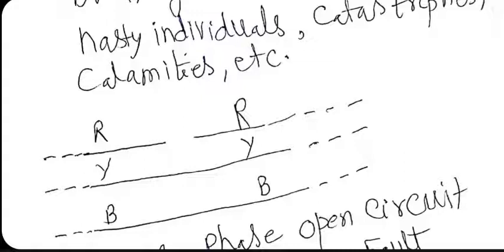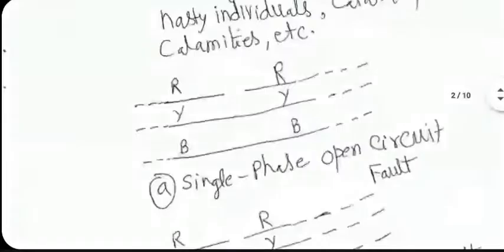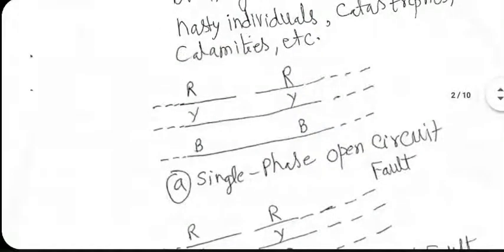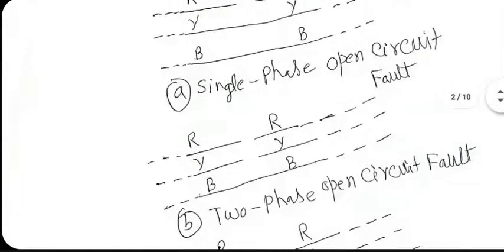It's an unsymmetric fault because not all the wires are affected. Single phase, because only one phase has been affected. This is two phase. R and Y both are open, but B is not open. It is continuing.